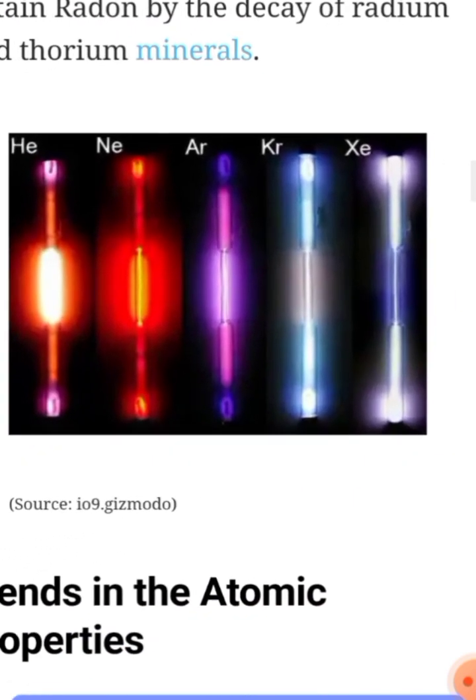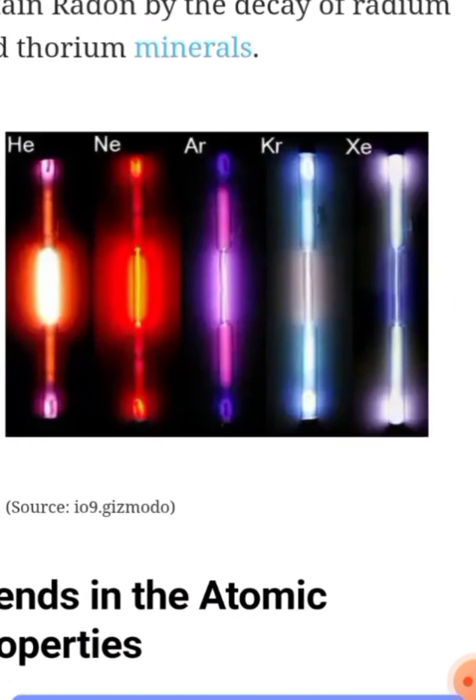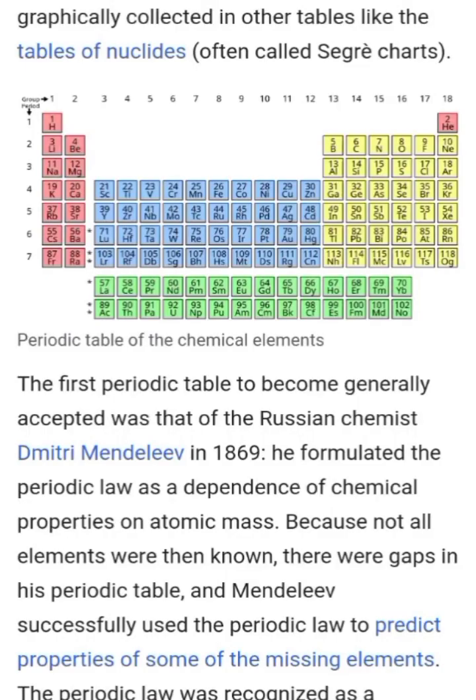You can research more and see the colors when they glow. The only liquid metal we know at room temperature is mercury. That is the only liquid metal at room temperature.